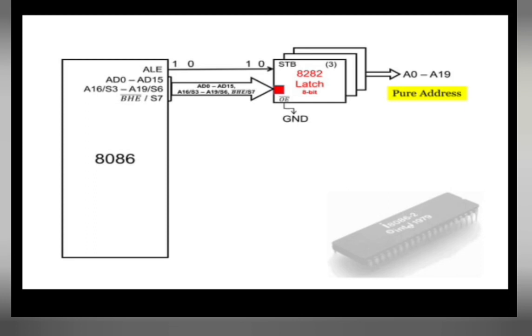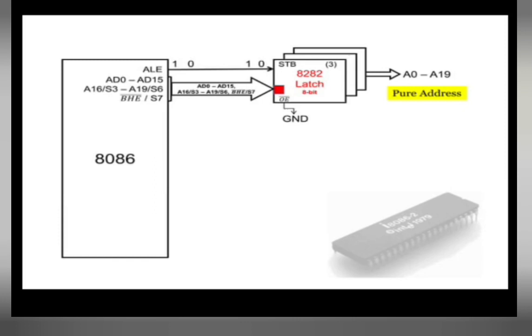This diagram shows the 8086 processor extending its addresses AD0 to AD15. That means the combined address and data goes as a single directional bus to the latch 8282. The latch has three control signals: STB, OE and ground.